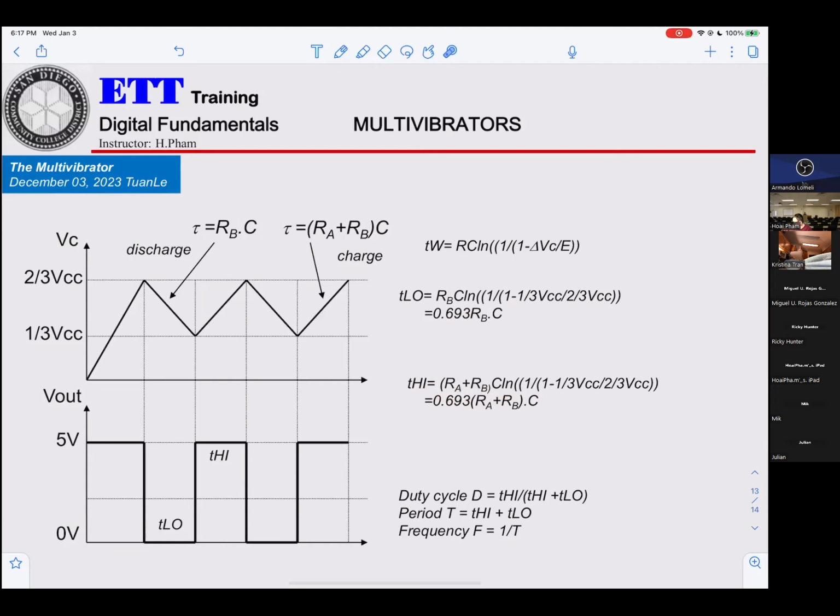Finally, duty cycle D equals T high divided by (T high plus T low). If you want to calculate the period, take T high plus T low. And if you want to calculate the frequency, F will be 1 over T.